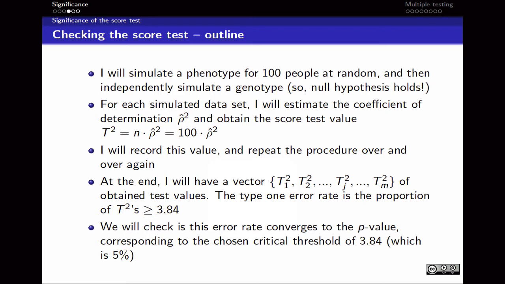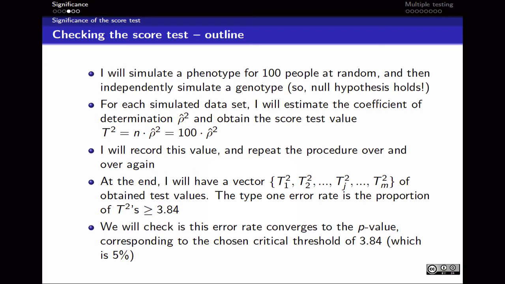And for each data set, for each simulation experiment, I'm estimating the coefficient of correlation and computing the coefficient of determination, and then of course I can easily compute the score test value, which will be my sample size times the coefficient of determination, so 100 times the estimate of the coefficient of determination obtained in this particular simulation experiment. I'm going to record the test statistic value for each experiment and repeat the procedure many times.